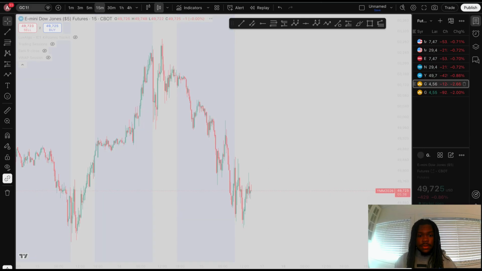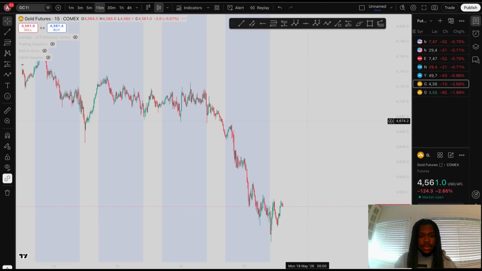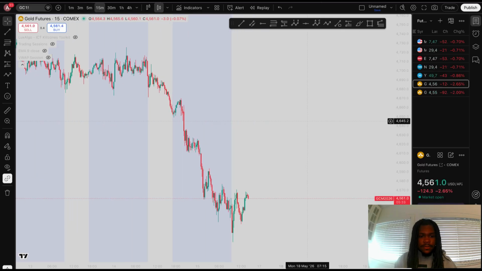Let's go to gold as well. We have a high here, we have a low, we have a lower high. Okay, no, we have a high here, low, lower high, lower low, lower high, lower low, lower high, lower low, lower high, lower low, all the way down.